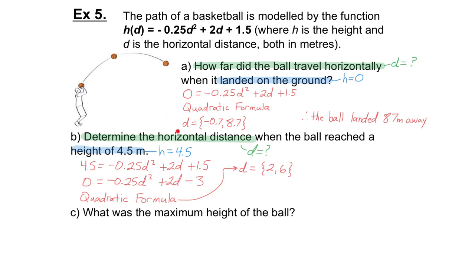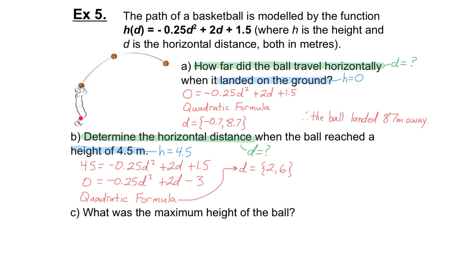Now, in the first question, part A, I said that this one did not make sense, so I only gave one answer. Am I going to do the same thing here? Well, do they both make sense? Let's see. He shoots the ball forward. When the height of the ball is 4.5 meters, does it make sense that it would reach that height at two different horizontal distances?